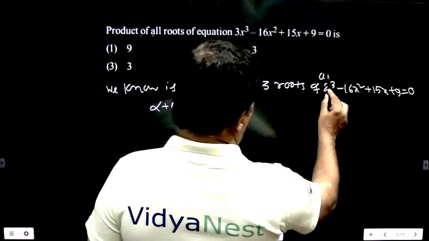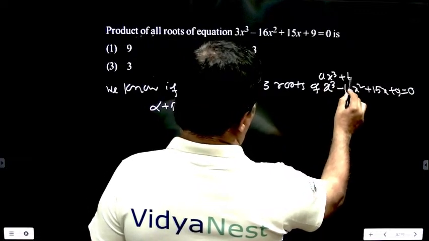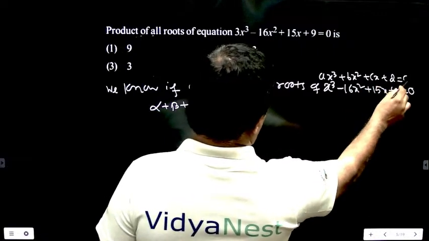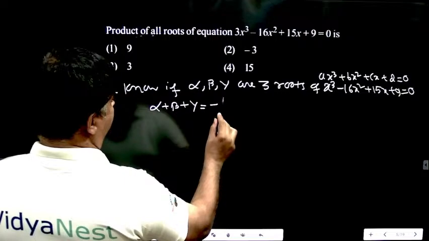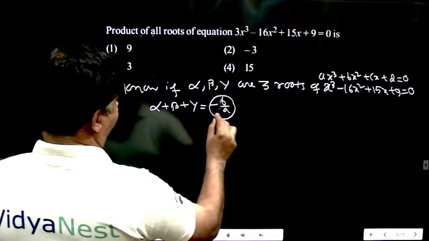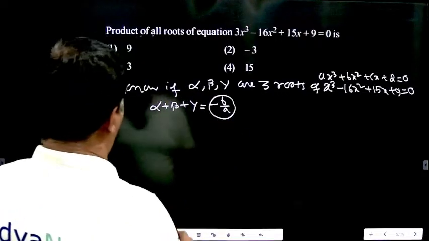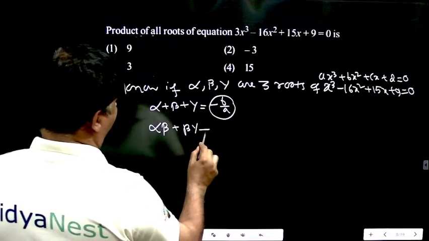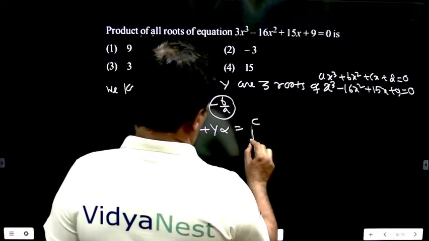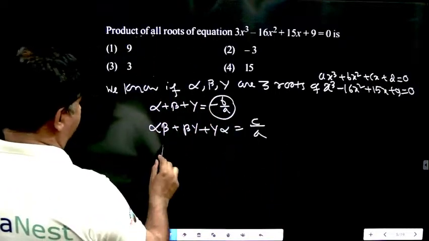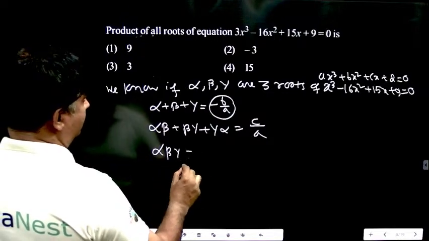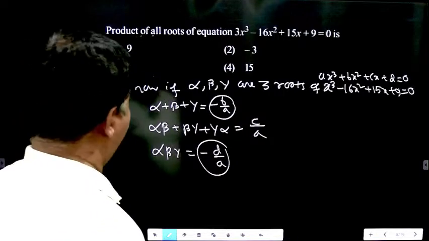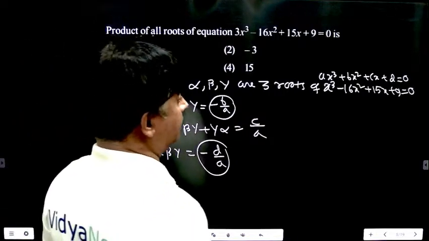You compare it with ax cube, bx square, cx plus d is equal to 0. That is minus b by a, alpha beta plus beta gamma plus gamma alpha is c by a, alpha beta gamma is minus d by a. Now, what is D? 9.